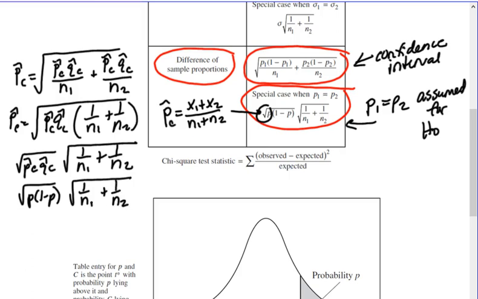So it's what I showed you before, but with different symbols and with a little bit of algebraic manipulation to make it look slightly different. I'm not really sure why they write it this way instead of writing it with the numbers on top, but I wanted to show you that it is the same thing I showed you in the notes.